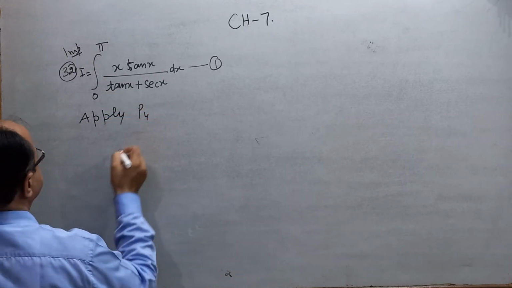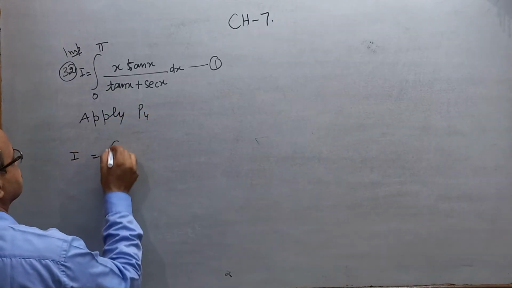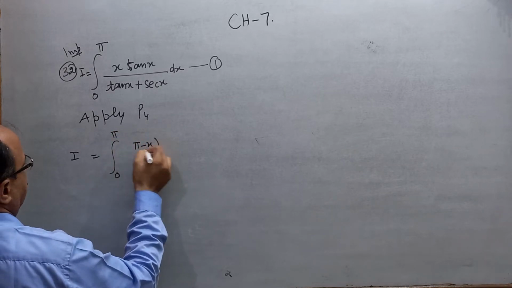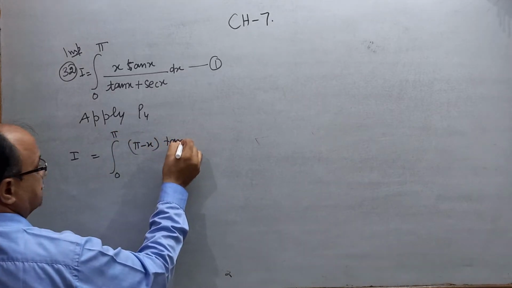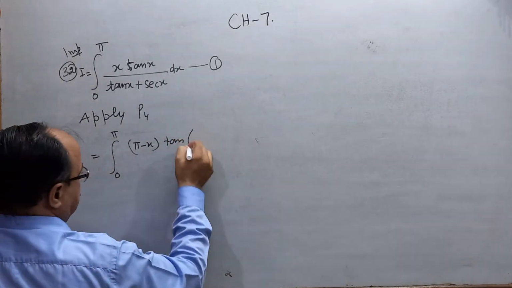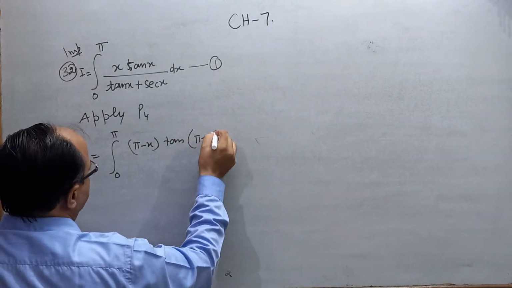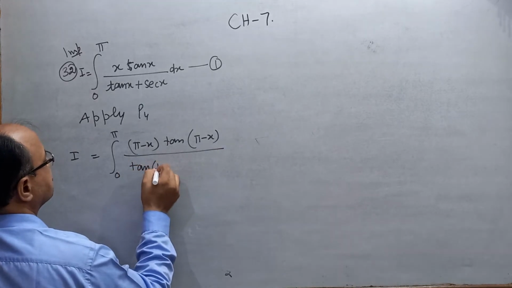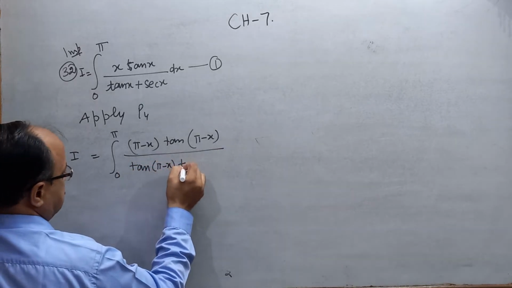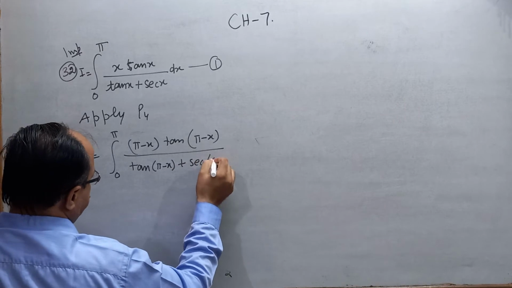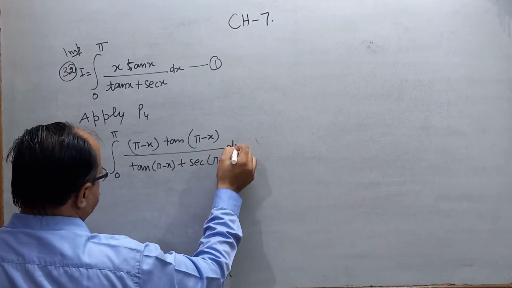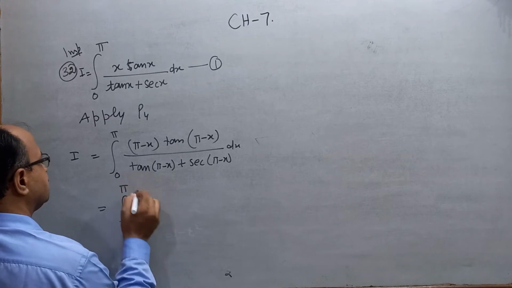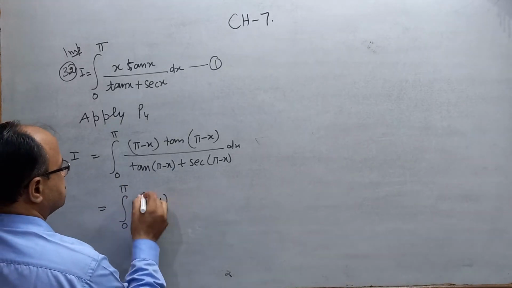Integration 0 to pi, (pi minus x) tan(pi minus x) upon tan(pi minus x) plus sec(pi minus x).